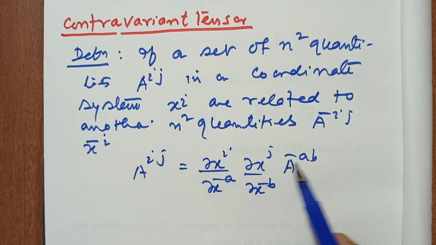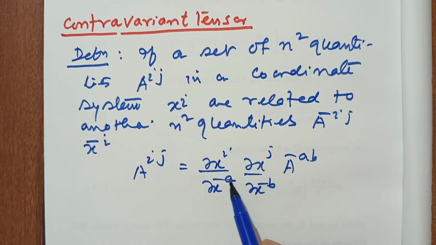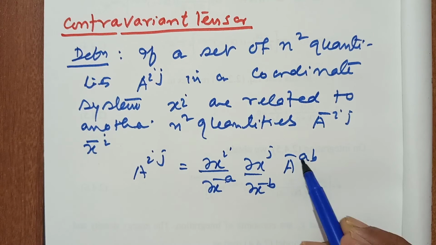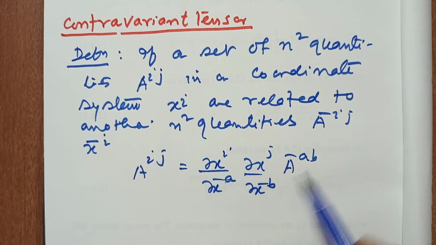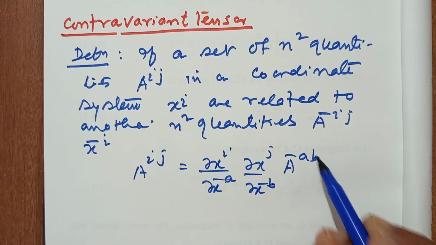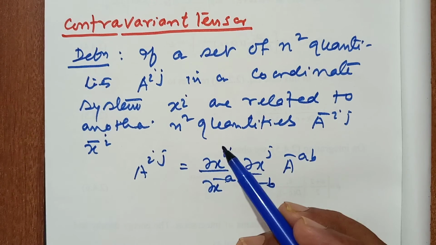On the right hand side also ij, and here a and b are dummy indices. You can write in place of a and b any index other than ij; like if you want to put k, then here k, l, so here l. Okay, so this is the definition of a contravariant tensor.